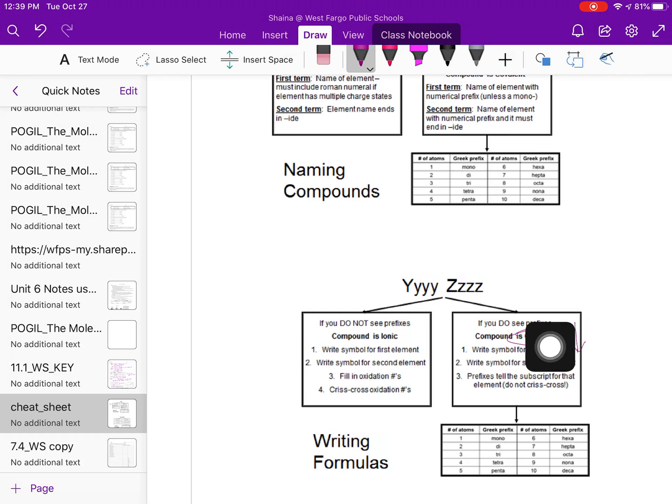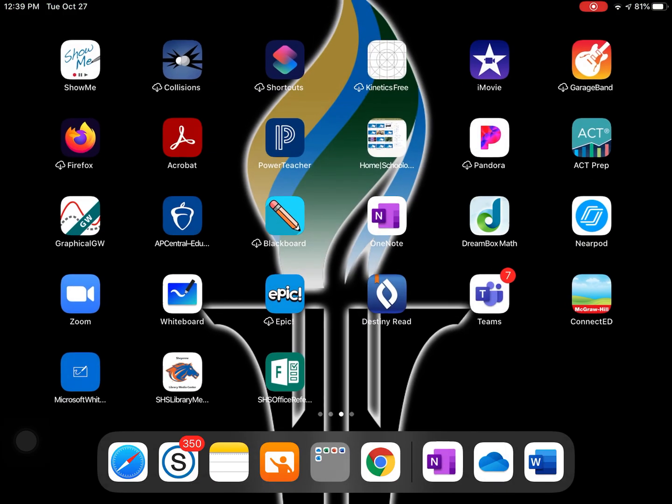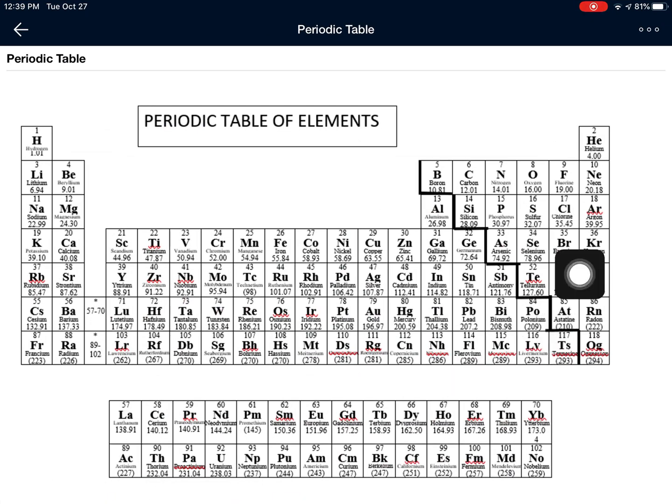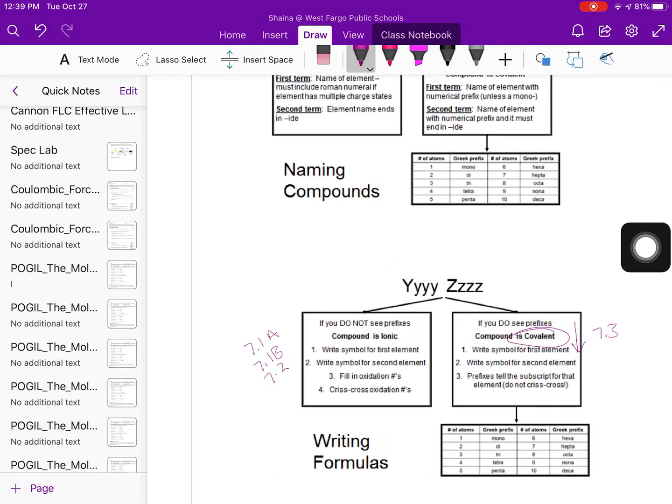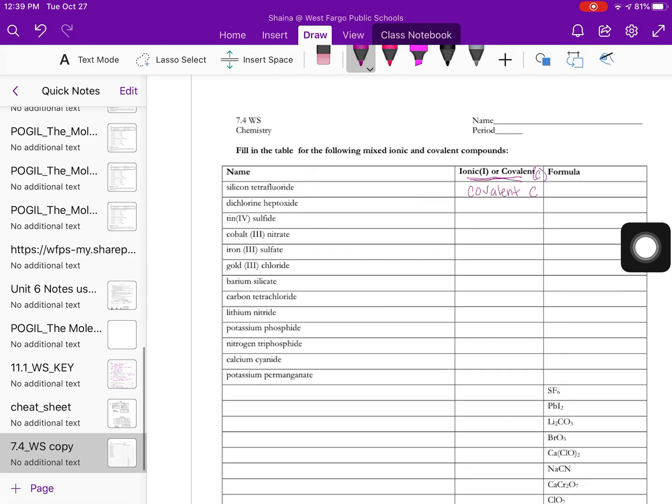And then you want to follow covalent rules, which will be 7.3. This would be either 7.1a, 7.1b, or 7.2 notes. Okay, so write the symbol for the first element. So we had silicon, so that's Si.